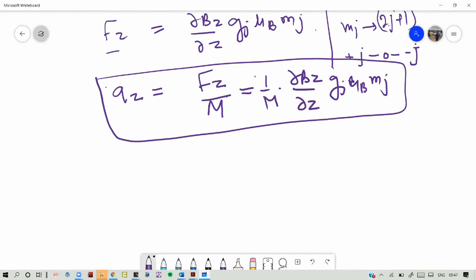Now the silver atom is moving along the x direction, but it can be deviated towards the z direction. So Vx is its longitudinal velocity.